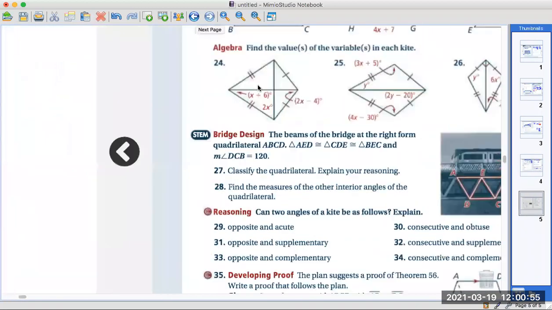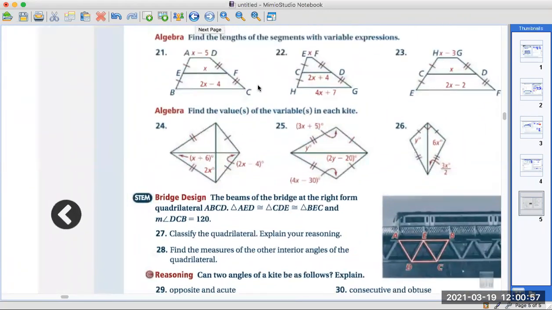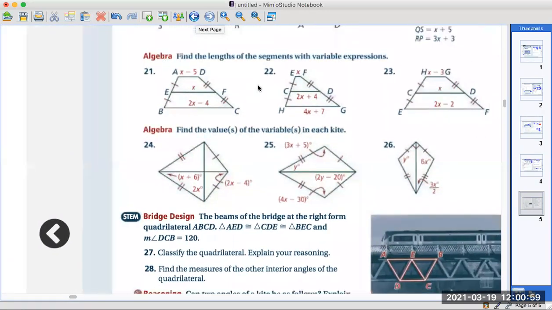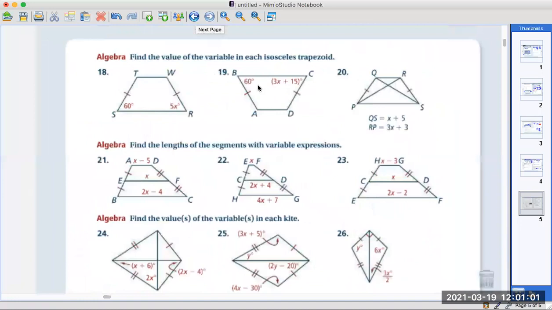And this page, we're on page 314. There's your algebra questions where you have to solve equations. I picked number 19. This is an isosceles, so base angles are equal. These 2 are equal. That's your equation.